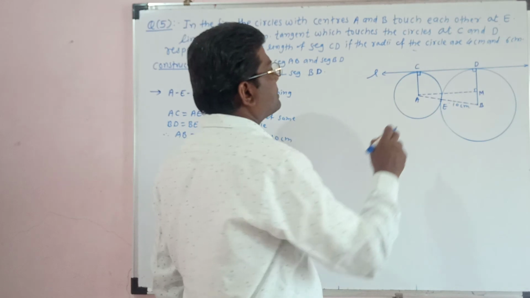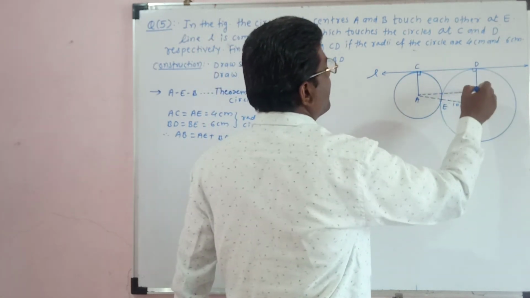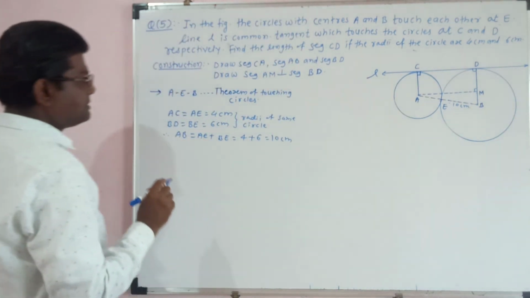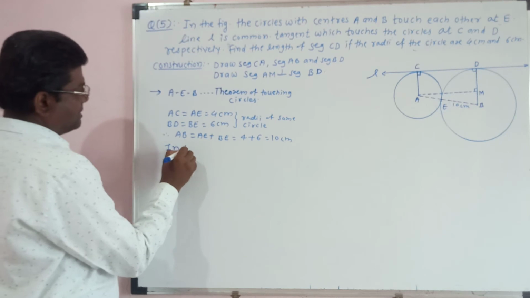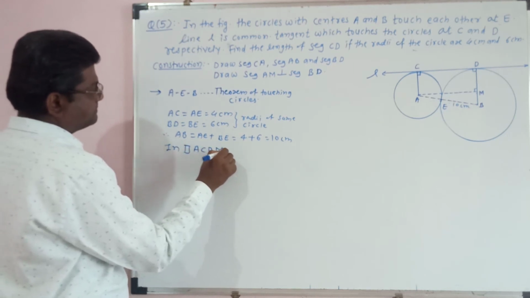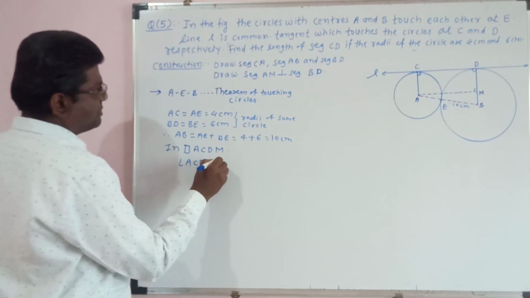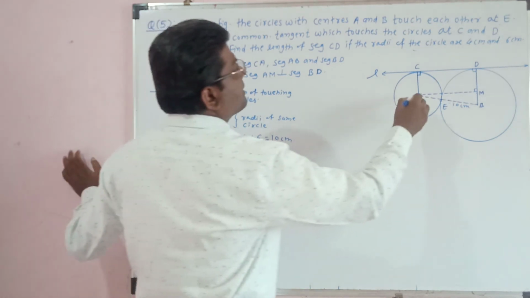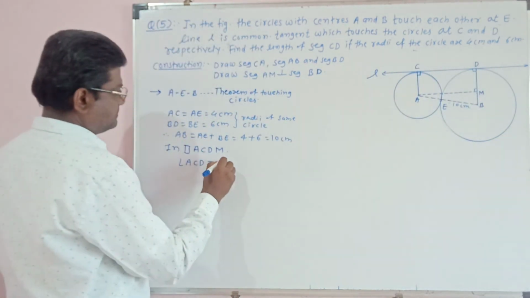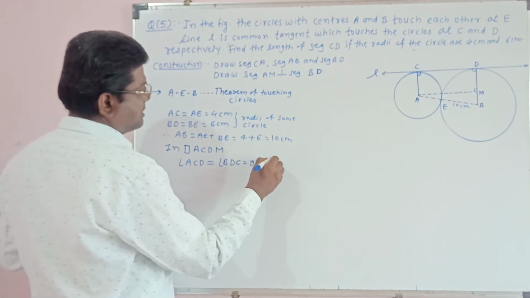Therefore this quadrilateral ACDM is a rectangle. So we write: in quadrilateral ACDM, angle ACD is equal to angle BDC is equal to 90 degrees.